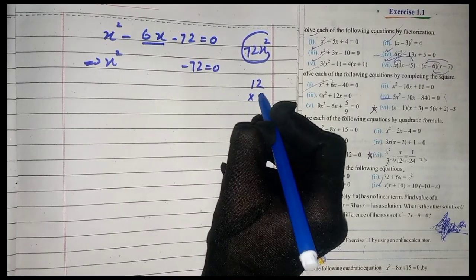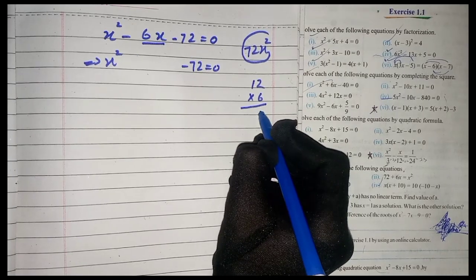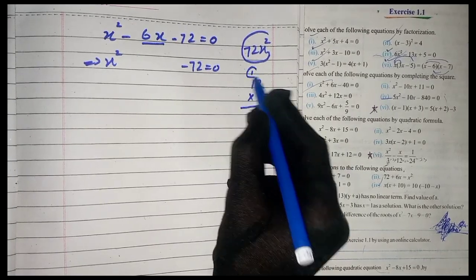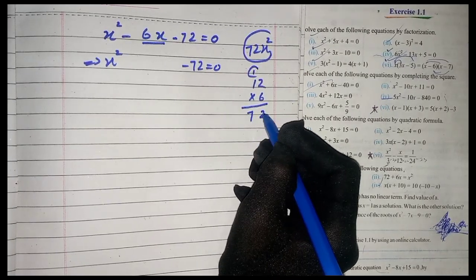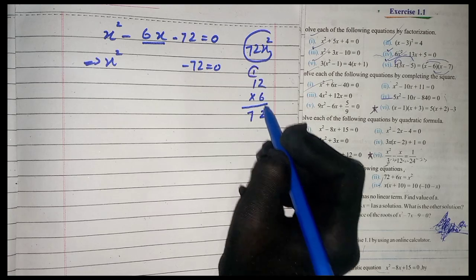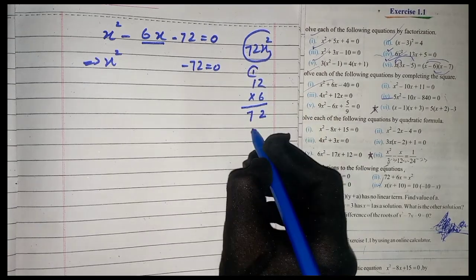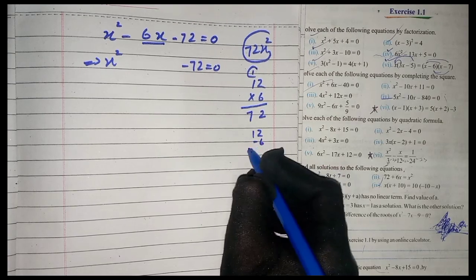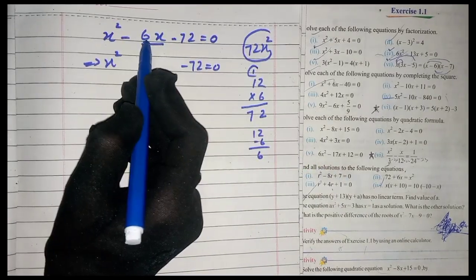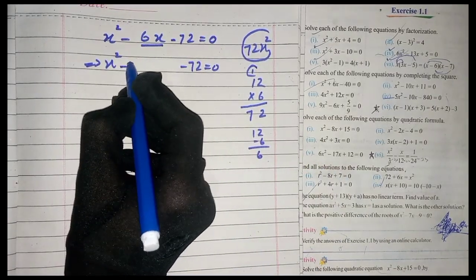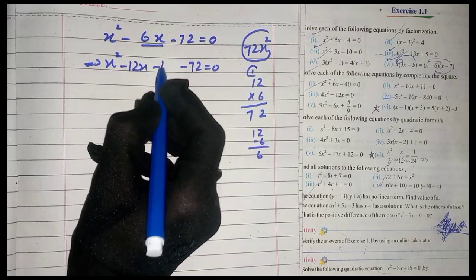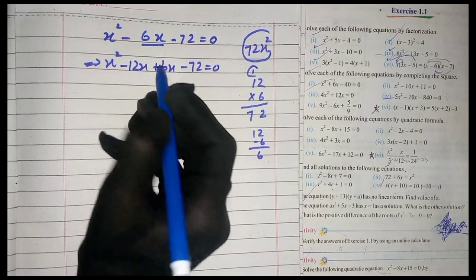12 sixes are 72, 6 twos are 12, 2 minus 1, 6 ones are 6. When we multiply 12 with 6, it becomes 72, and when we subtract 12 minus 6, it becomes 6. So we write 6x as minus 12x plus 6x.